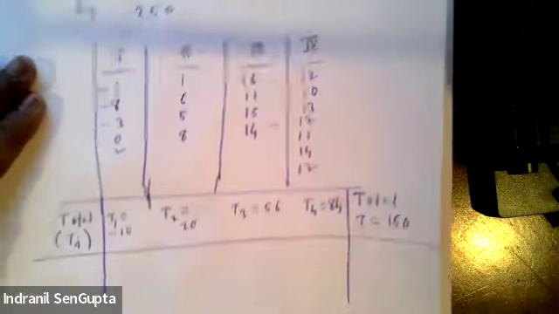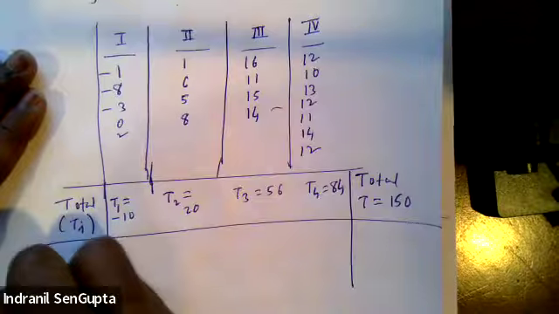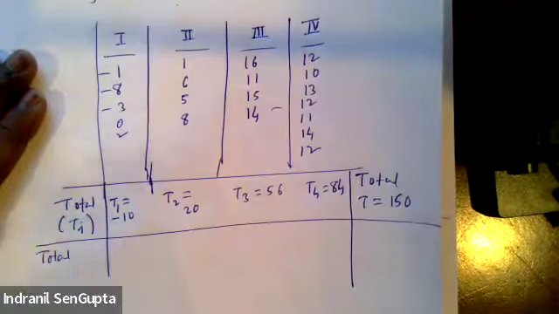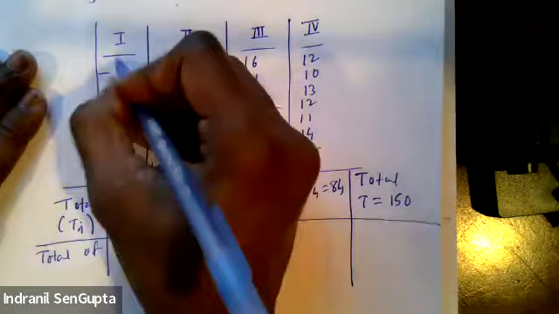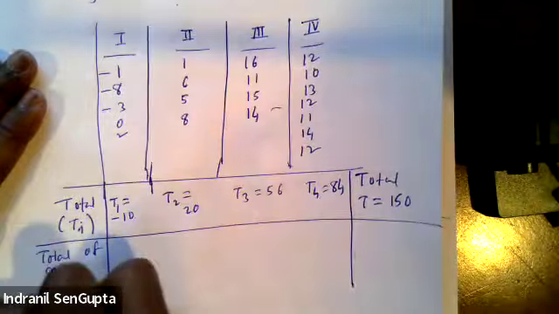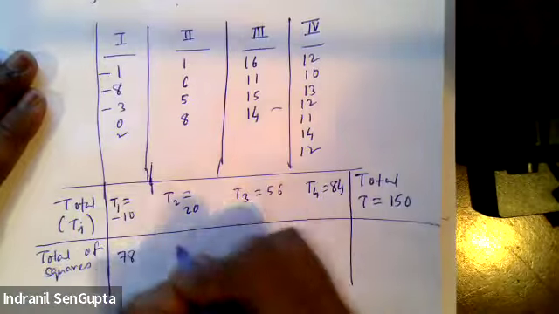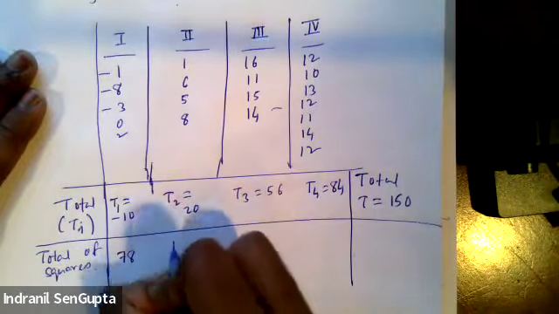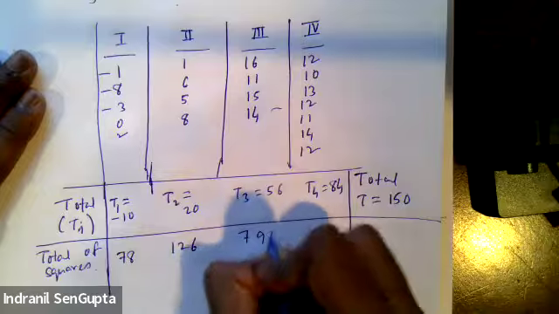Okay. Then, if you look at the last problem, the next one you compute is the total of squares, where I'm squaring and adding these. Here it'll be 78. Here it will be 126. Here it's 798.